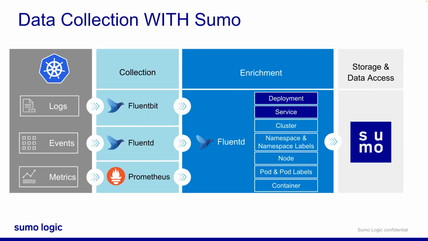However, each log, metric, and event doesn't expose all of this metadata on its own. The purpose of our enrichment pipeline is to ensure that for every log, metric, and event, you know what container it's from, what pod that container is in, and what pod the labels are associated with, as well as the node it is on, what namespace it's running in, and what cluster it's running on.